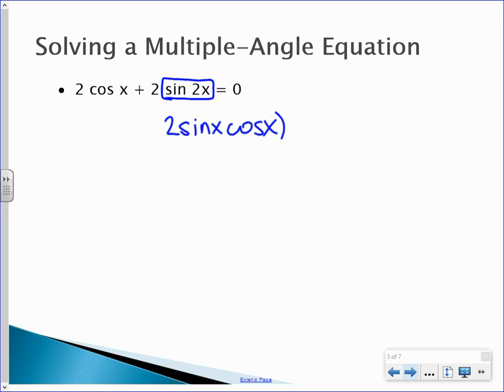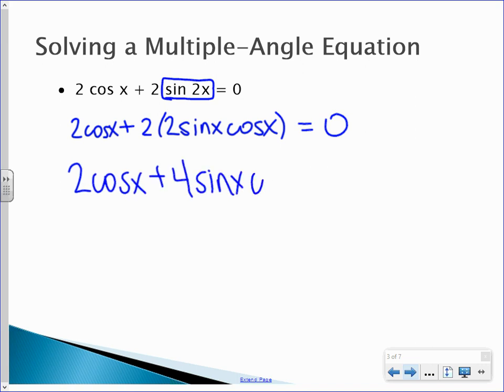But that still is being multiplied to 0, added to 2 cosine x, which is all set equal to 0. So really what we have is 2 cosine x plus 4 sine x cosine x equals 0. Now we have something that we can work with.